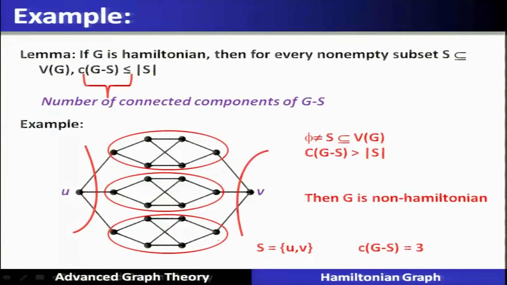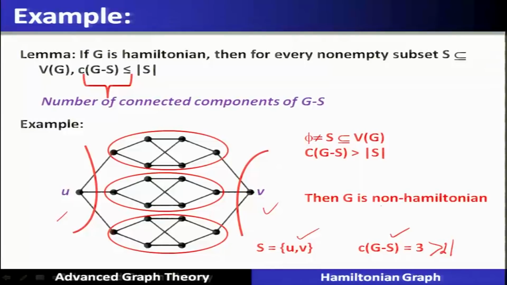Again we will show the same example: if we remove these two vertices from this particular bipartite graph, then the number of components is 3, which exceeds the cardinality of S, that is 2.